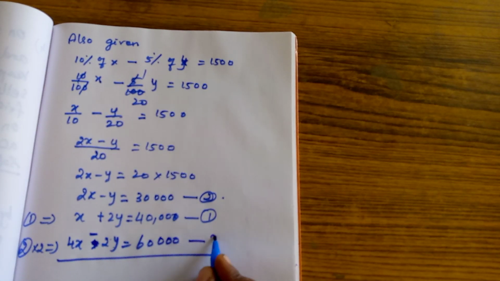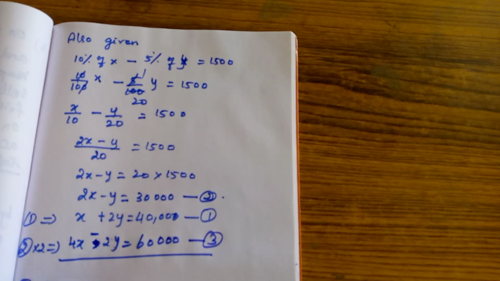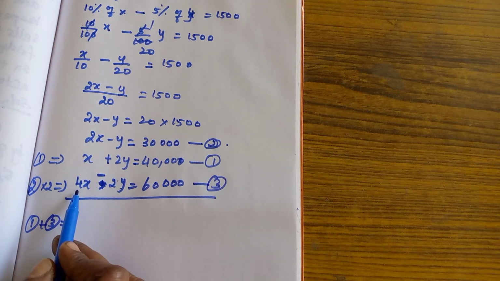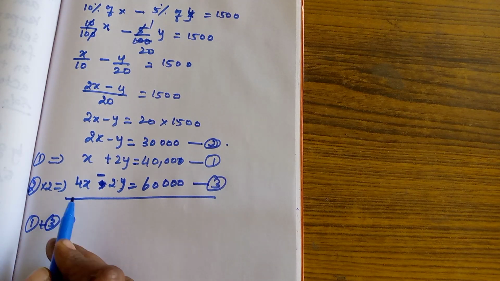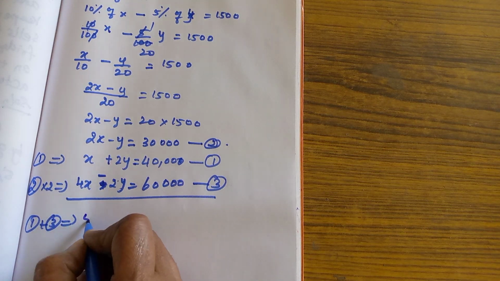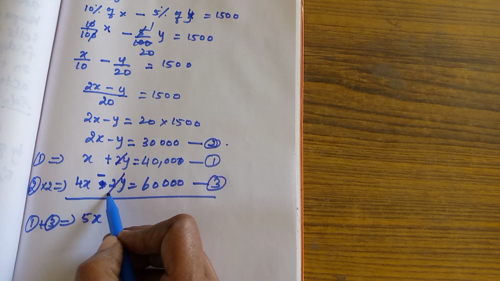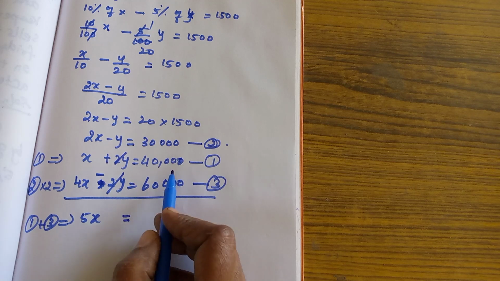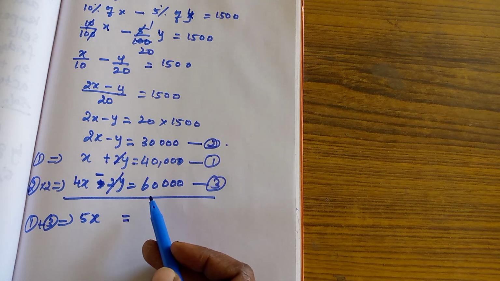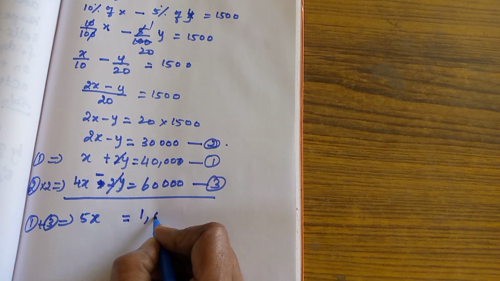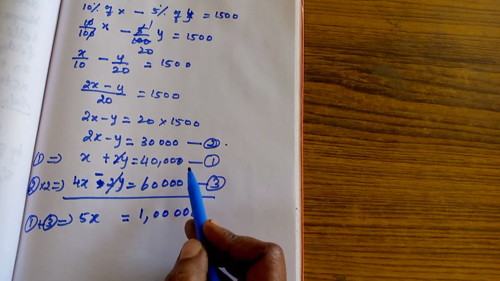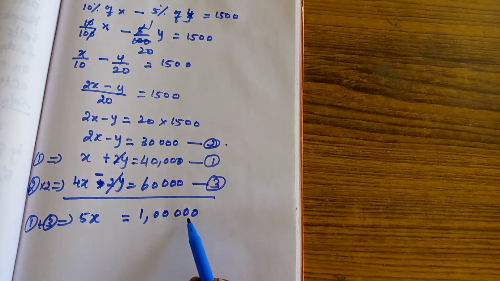Now add it to equation number 1. x plus 4x is 5x, plus 2y minus 2y cancels, and 40,000 plus 60,000 is 1 lakh.